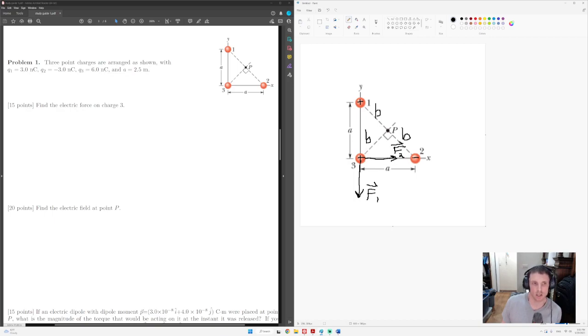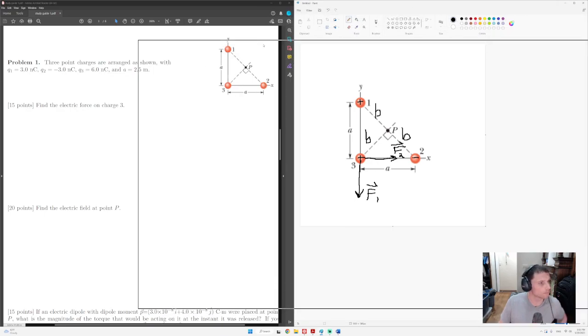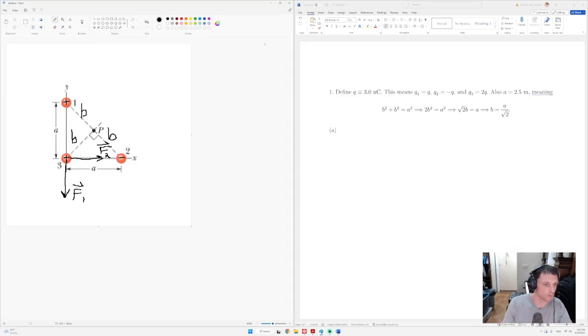So that's a nice thing to notice, because let's say we just solve for F1, then we know what the magnitude of F2 is, and vice versa, right? So let's just do 1, and then we'll adapt our answer to write down what the other one is. So I'm going to just move this over real quick.